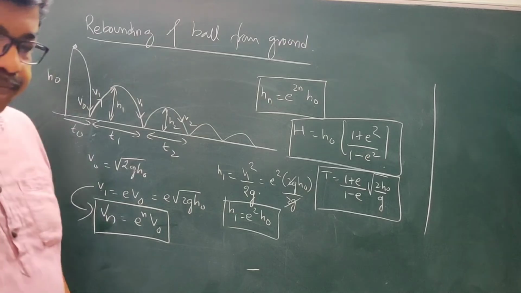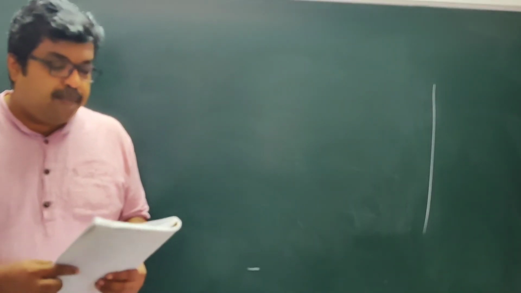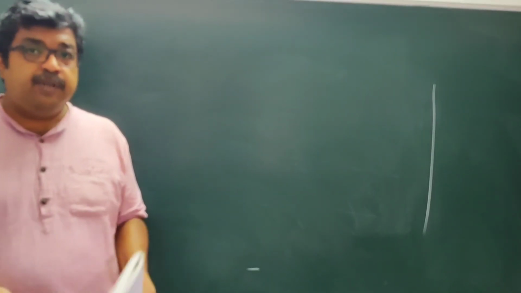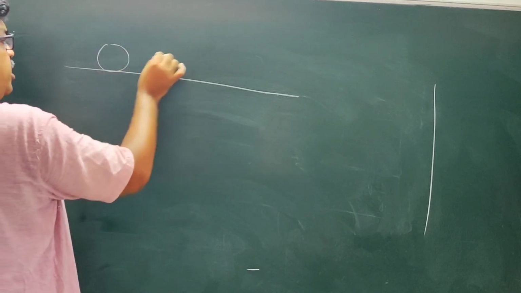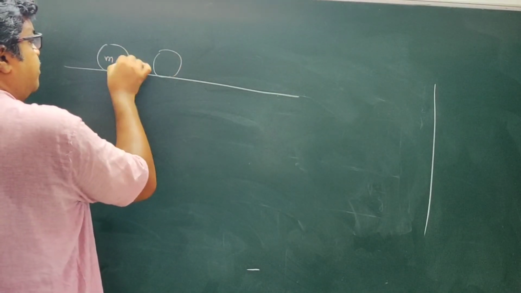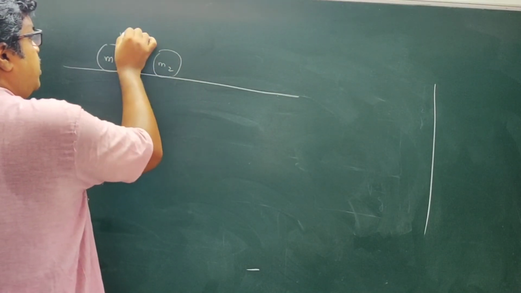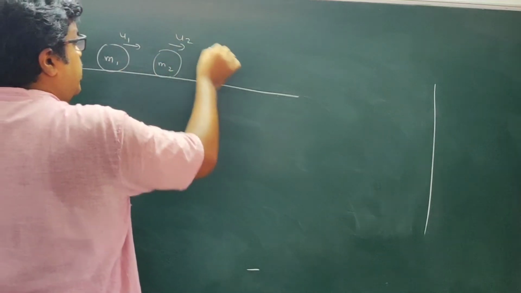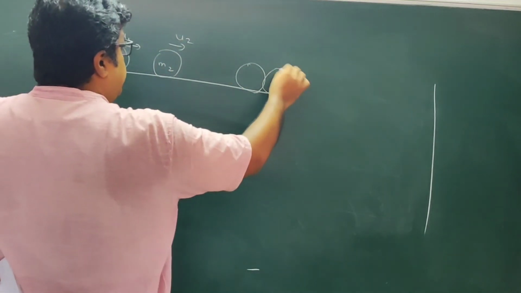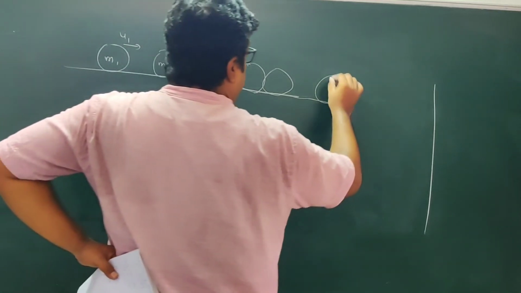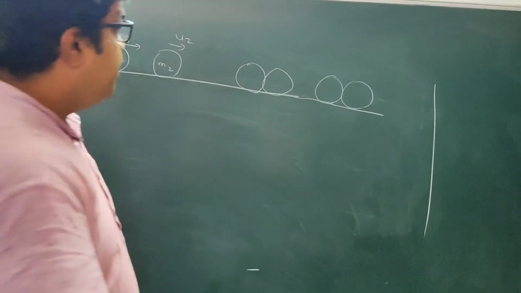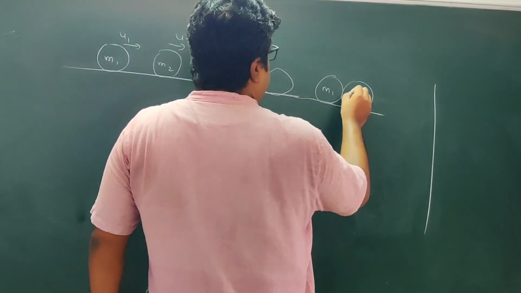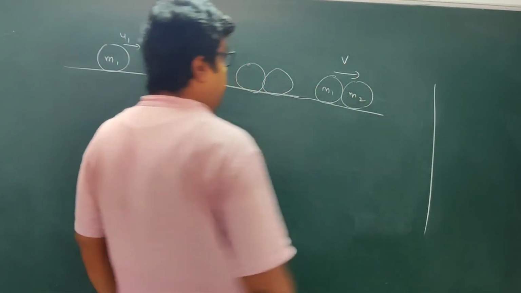Next, let us see the case of perfectly inelastic collision. Suppose these bodies m1 and m2 are moving with velocities u1 and u2, and they are undergoing collision. After collision they will move together because this is a perfectly inelastic collision. So this is m1 plus m2 moving with some velocity v.